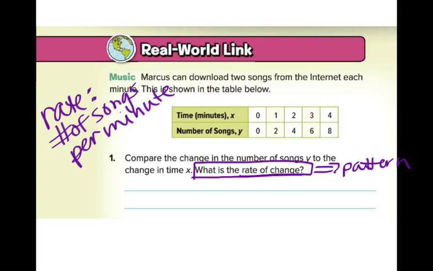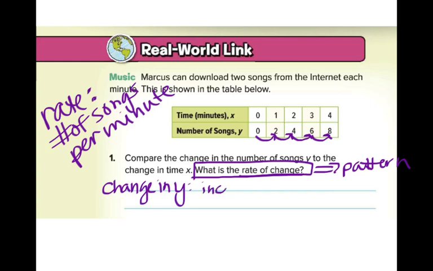So compare the change in the number of songs Y to the change in time X. Let's look at our change in the Y. What's happening from one to the next? In number 1, change in Y, is it increasing, is it decreasing? If it's increasing, how many is it increasing by? Those are the questions you want to ask.